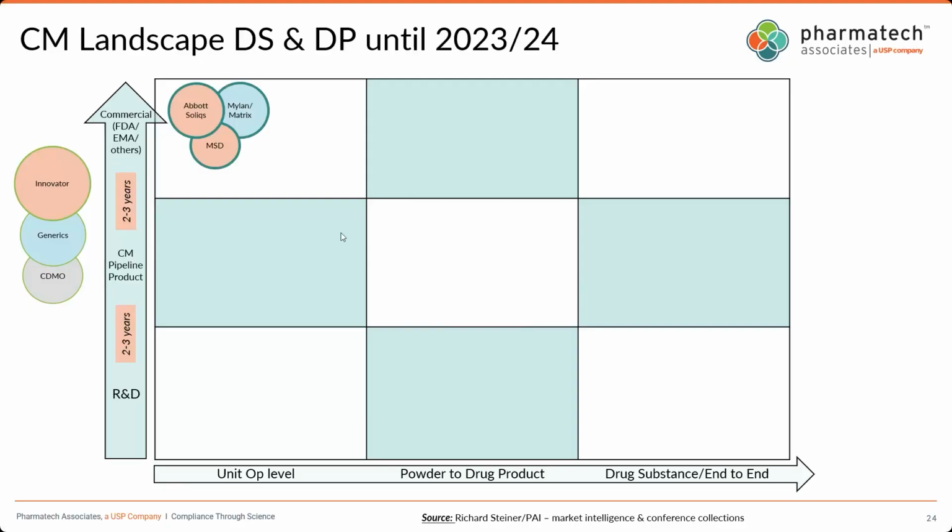It started very late, in the end of the 1990s and the early 2000s, where companies like Abbott, Solvay or Matrix, Mylan with HIV treatments came out to the market already based on melt extrusion or melt granulation technologies continuously, or MSD with their famous contraceptive product as a ring.